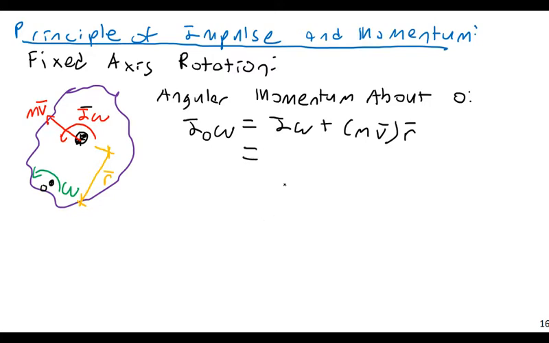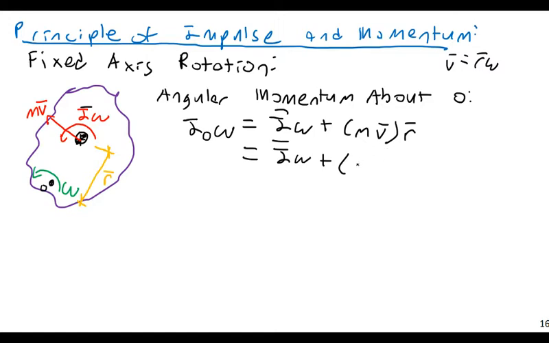Then I could transform this. I'll keep this as I bar. I could transform the v bar into r omega, because I know v bar equals r omega.